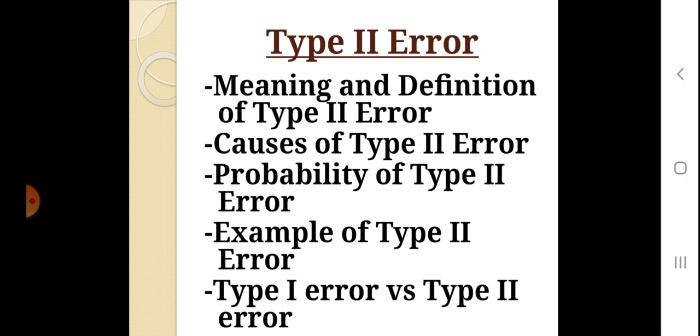In this lecture we are going to discuss what type 2 error is, its meaning and definition, the causes of type 2 error, probability of type 2 error, a small example of a type 2 error, and a comparison: type 1 error versus type 2 error.